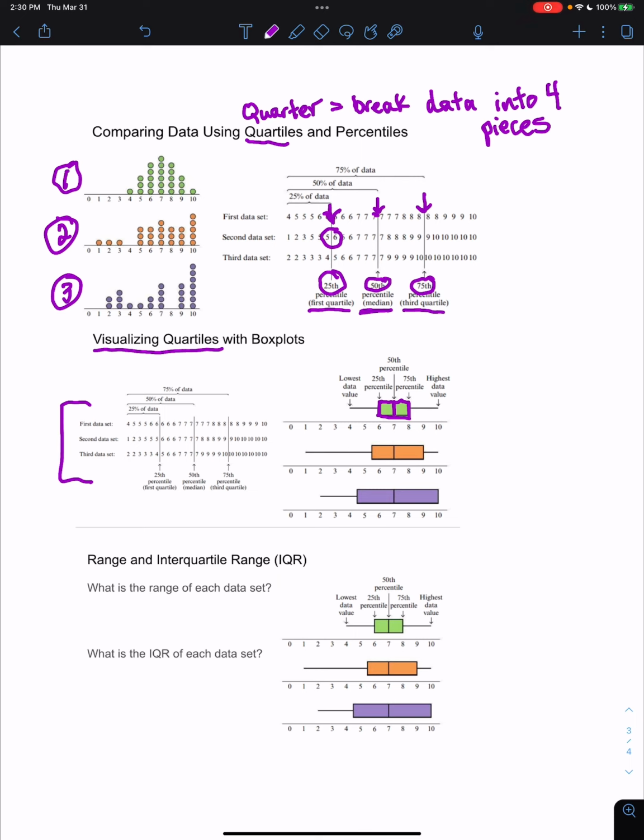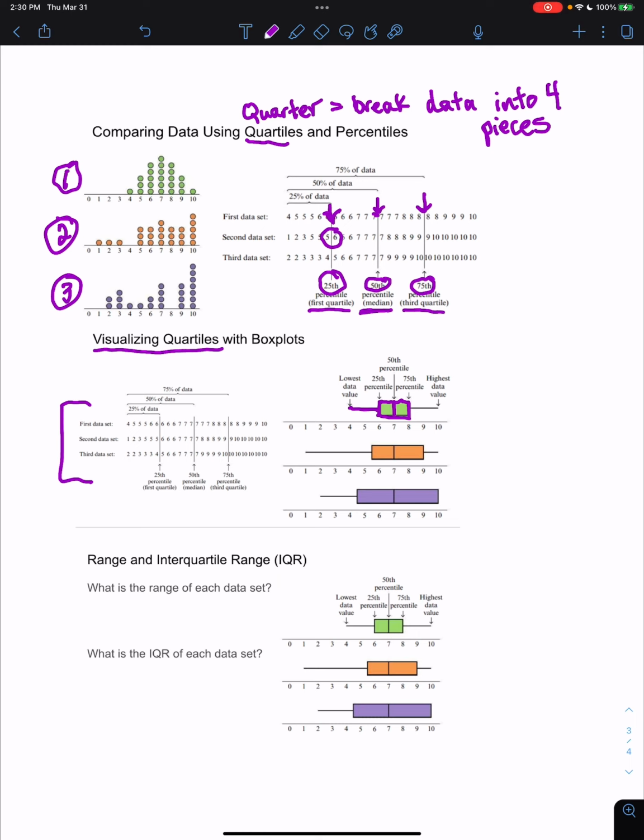Now, some people call these box and whisker plots. And the reason that they're called box and whisker plots is because we also can add a little line here starting at the lowest data value. In the case of the first data set, it's at 4. So we kind of put a point there, and then we connect that with a little whisker to the box.